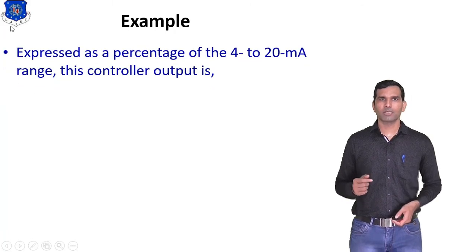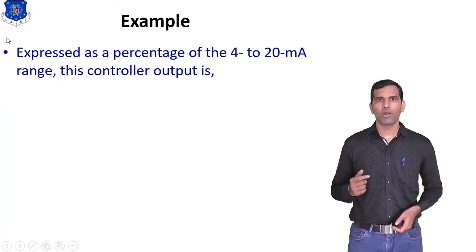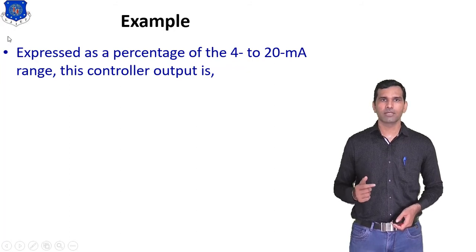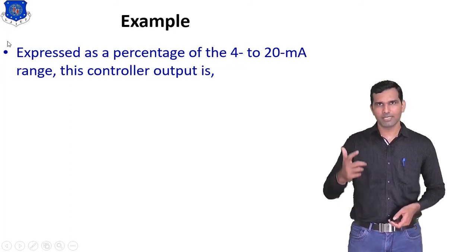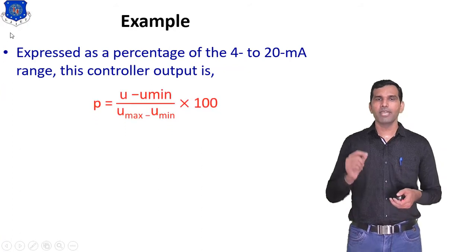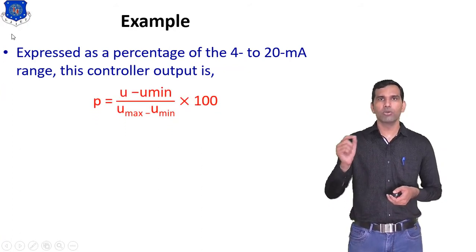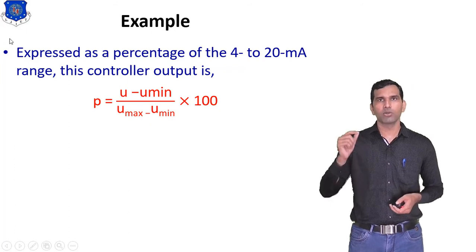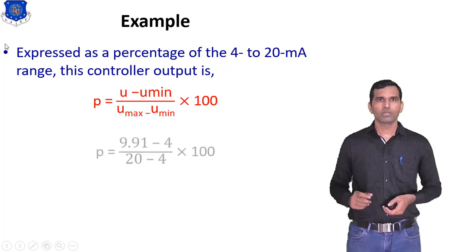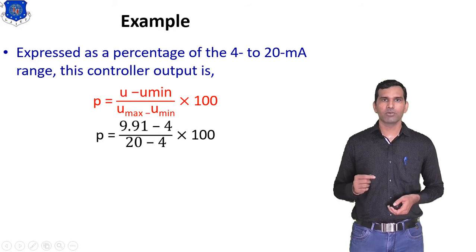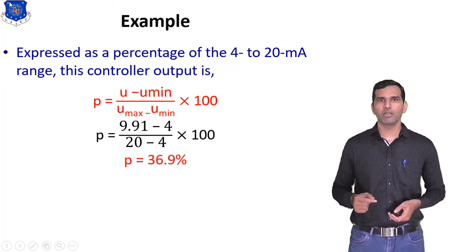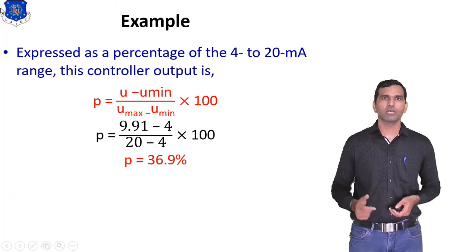Expressed as a percentage of the 4 to 20 milliampere range, this control output is P = (U - U min) / (U max - U min) × 100. So we get P equal to 36.9%. So this is the percentage.